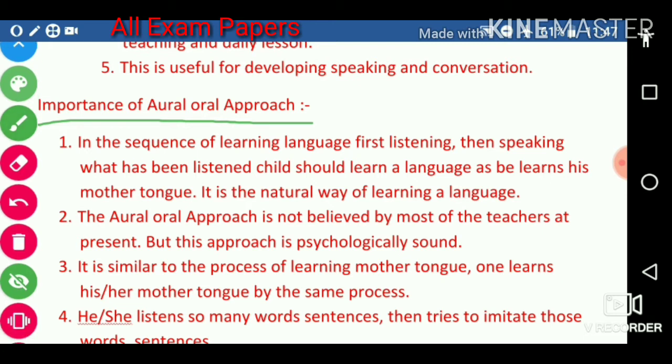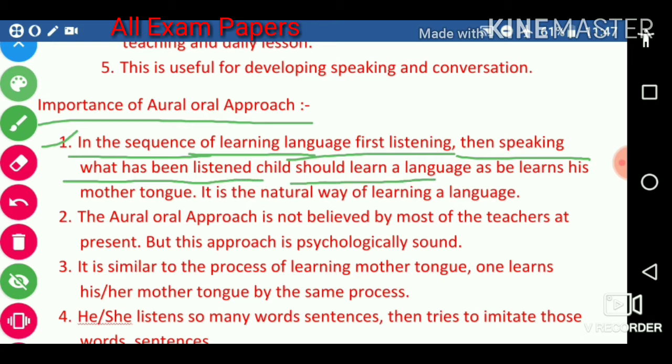First is, in the sequence of learning language, first listening, then speaking. What has been listened, the child should learn a language as he learns his mother tongue. It is the natural way of learning a language.